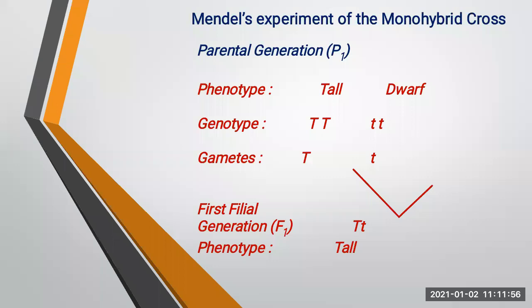So phenotype, tall dwarf, genotype, capital T capital T, small t small t. Then after gametogenesis, the gametes will be capital T and small t. Then in the first filial generation, you can see it has become capital T, small t. That means all the plants which he received were tall with the genotype capital T, small t. That is a mixed kind of genotype.